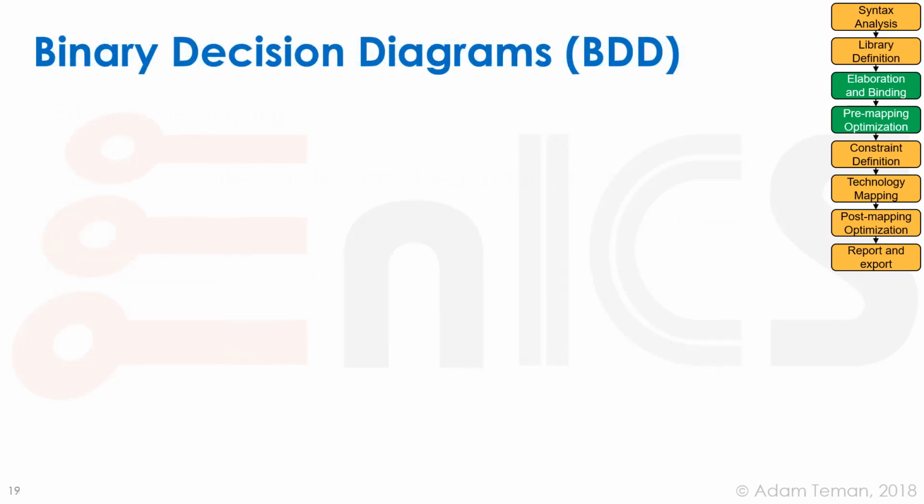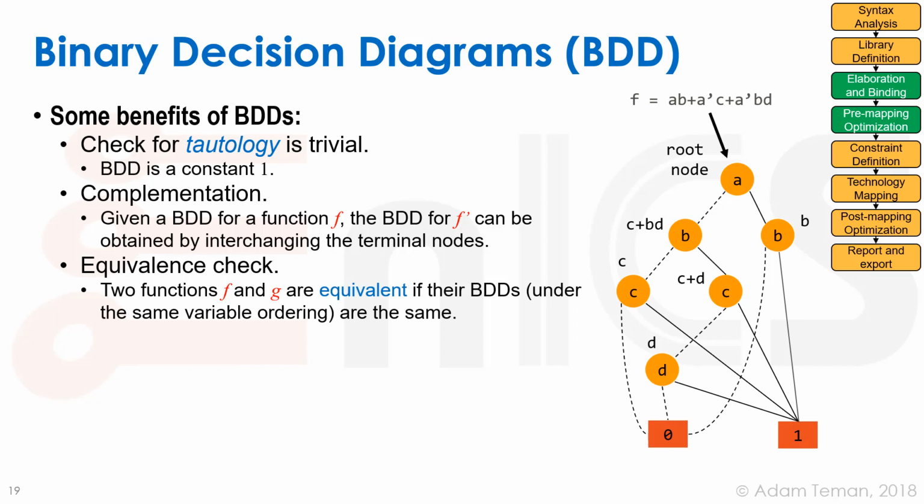Okay. So why are reduced order BDDs so important? Well, there are a few different things here. BDDs, it turns out, or at least reduced order BDDs, excuse me, are canonical. In other words, what that means is that if we take a certain ordering, an x1, x2, x3 versus an x3, x2, x1, if we take a certain ordering, it doesn't matter what our start point is.